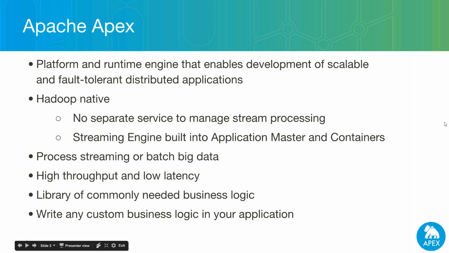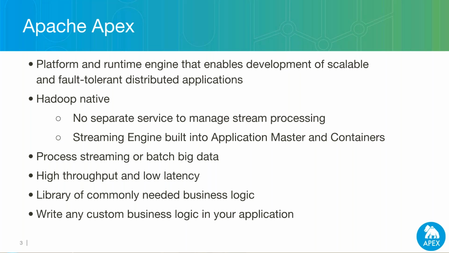So what is Apache Apex? Apache Apex is a runtime engine and big data platform which enables development of scalable and fault-tolerant big data applications. Apache Apex is a Hadoop native application, which means that there is no separate service to manage stream processing.